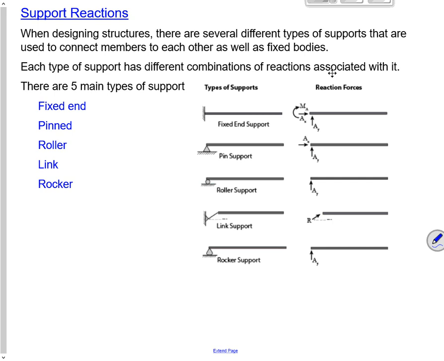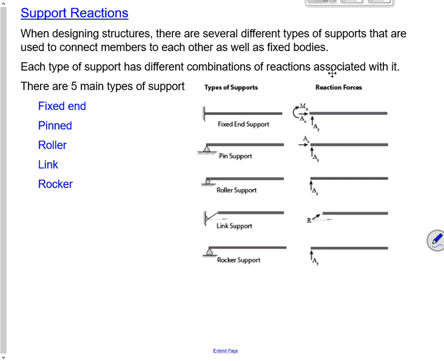If an object is pinned at a point, it has a pinned support as shown in this picture, then it produces just the 2 force reactions. It doesn't get a moment. I can rotate it around that pin. If it has a roller support, all it gets is a force in one direction that's normal to that roller.